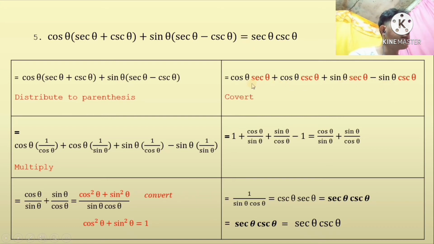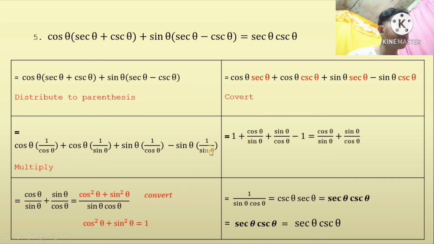So convert secant and cosecant. So our equation will be cosine theta times 1 over cosine theta plus cosine theta times 1 over sine theta plus sine theta over 1 times 1 over cosine theta minus sine theta times 1 over sine theta. So multiply cosine theta to 1 over cosine theta, and so on and so forth.